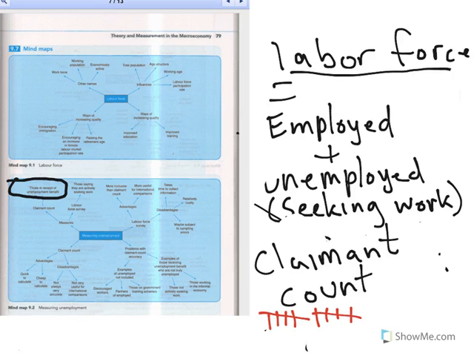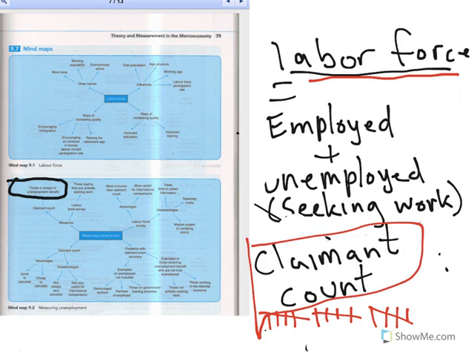We just count the number of people who are receiving unemployment benefits because they lost their jobs. Okay, that is one way that we help calculate the labor force. We just calculate the number of people who are unemployed, seeking work, and receiving unemployment benefits. It's called the claimant count.